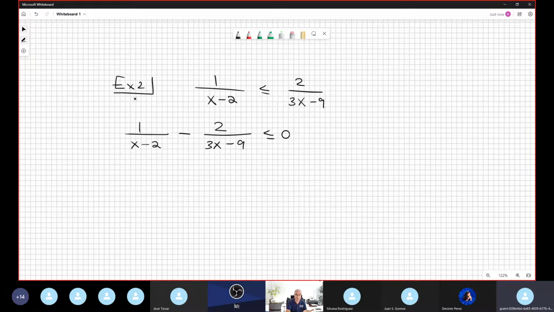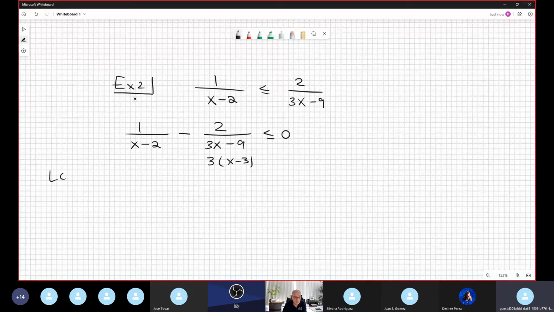However, this is completely different, because I need to condense this fraction and this fraction together into only one fraction. Two fractions is crazy; nobody can understand this. So first of all, I look at the factorization of the binomial in the bottom. In this denominator it's impossible to do anything, but in this one, yes, the common factor is 3: 3 times x minus 3.